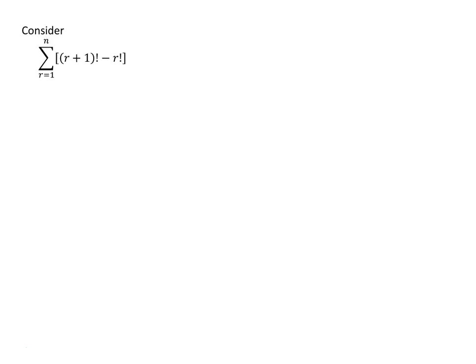Now, using our properties of sigma notation, we can straight away say that that's the same thing as the sum between r equals 1 and n of (r plus 1) factorial, take away the sum between r equals 1 and n of r factorial.